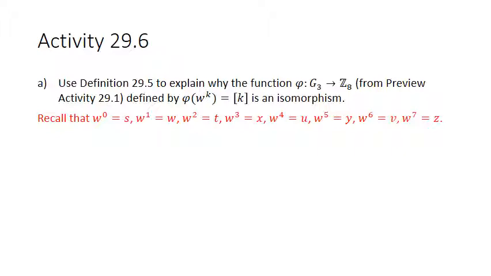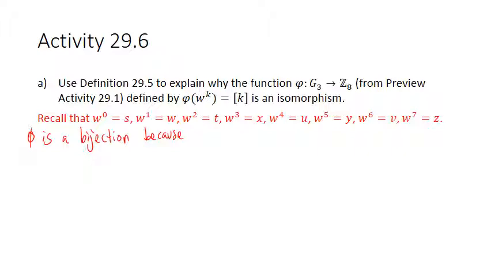So this is going to be a bijection, so let's argue why it's a bijection. Phi is a bijection because, well, I think you can see here that the powers of w actually do run through all of the elements of the group G3. So this is going to put the elements of the group G3 into a one-to-one correspondence.